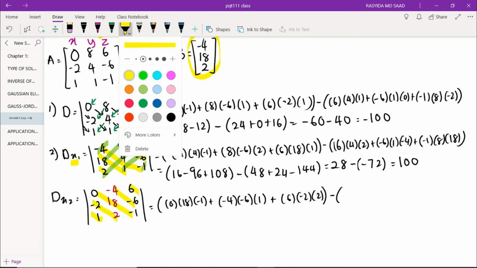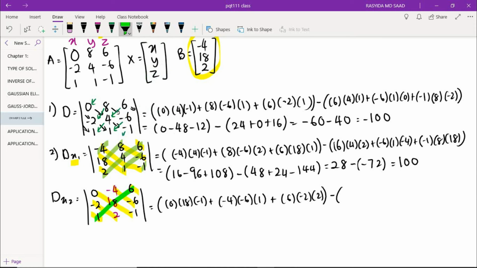And for the left side, 6 times 18 times 1, negative 6 times 2 times 0, of course we get 0, negative 1 multiplied with negative 4 and negative 2. Okay, so we just write down 6, 18, 1 plus negative 6, 2 and 0, and plus negative 1, negative 4, negative 2.